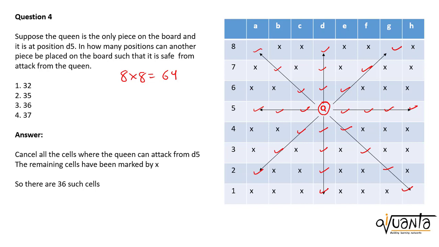So there are 28 such positions that can be attacked from D5. So the remaining positions which will be safe from attack by the queen will be 64 minus 28, that is equal to 36. So 36 will be the correct answer.